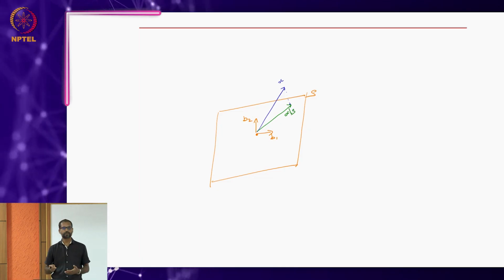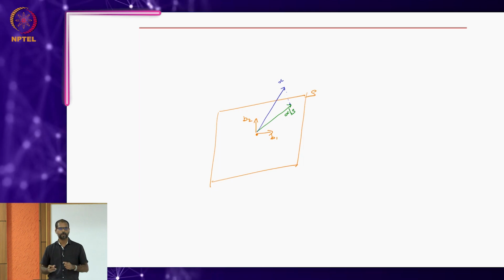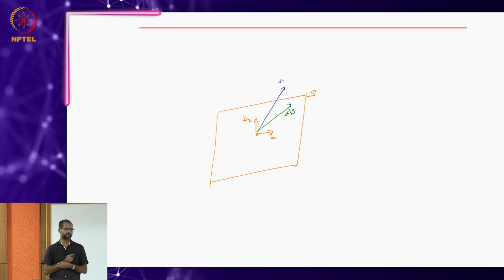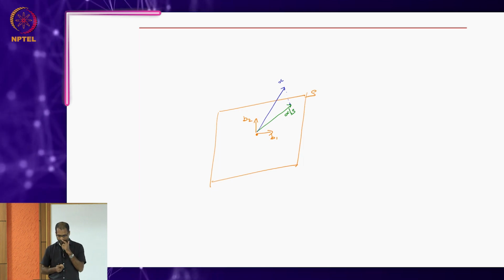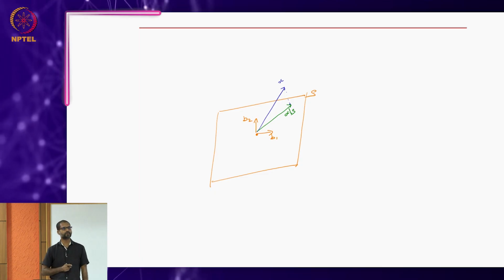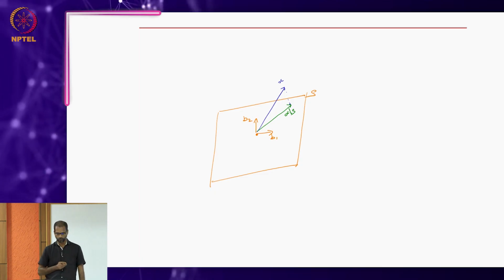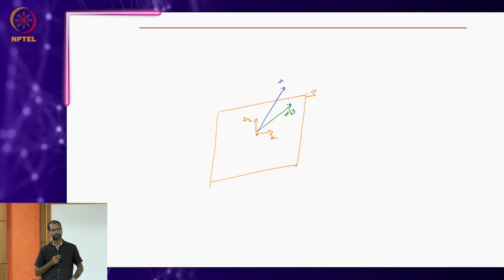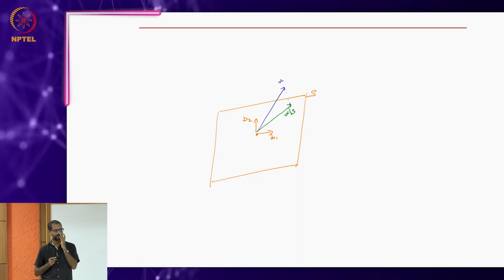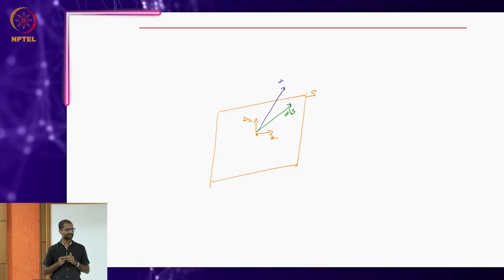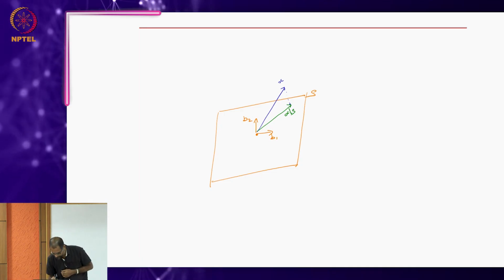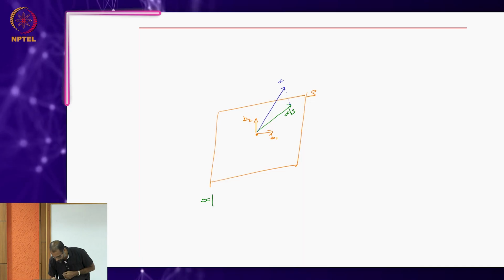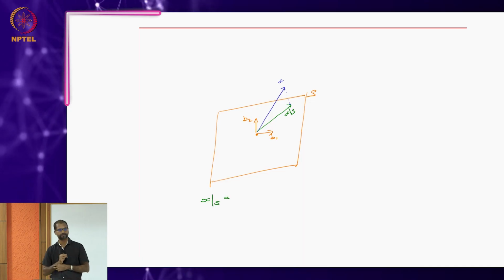If S was one dimensional, we knew how to write a formula for this projection, but if S is two dimensional, what would be the corresponding formula? If you know both B1 and B2, x projected to S is equal to what?